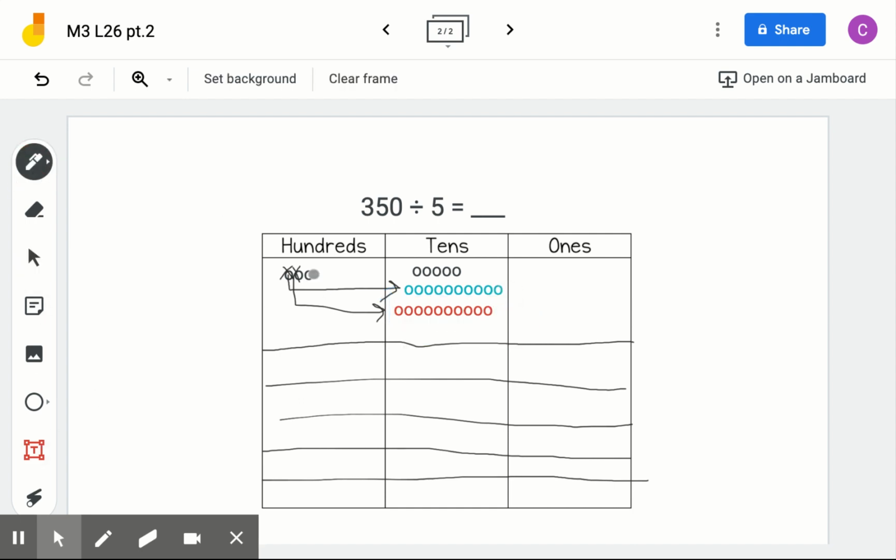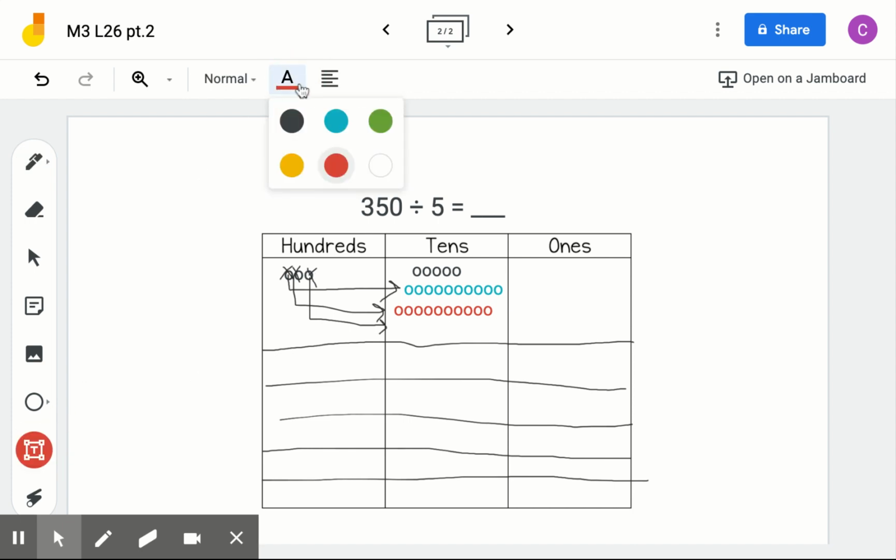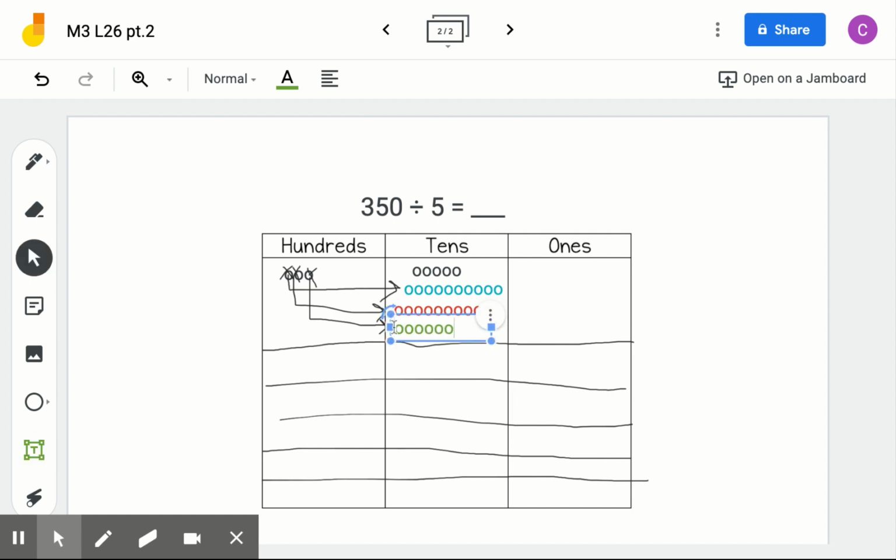And my third 100. Okay, so I have no more hundreds because I unbundled them into tens.